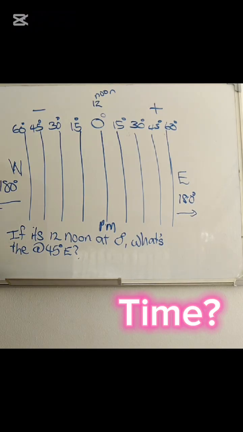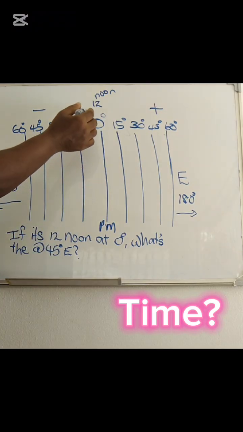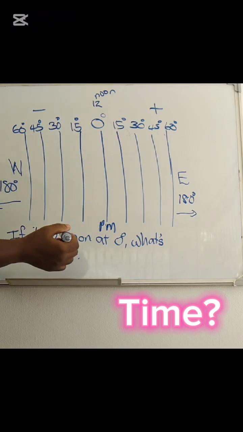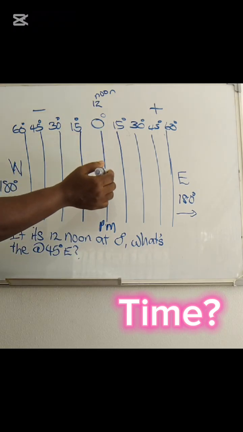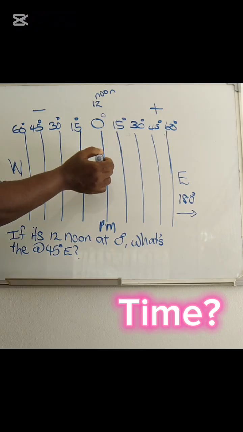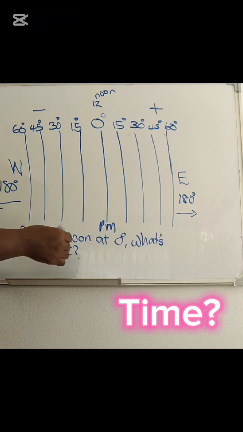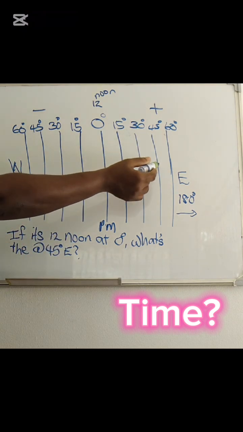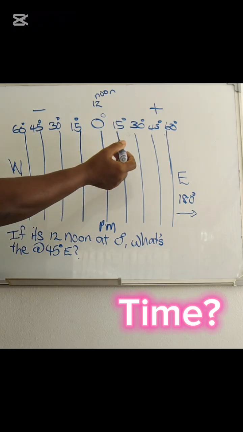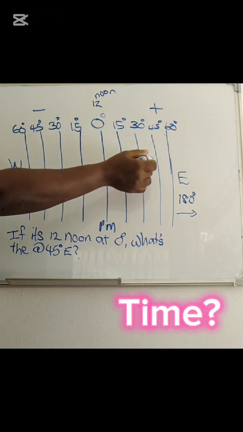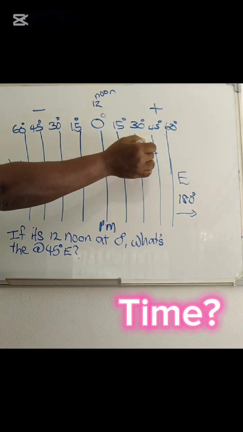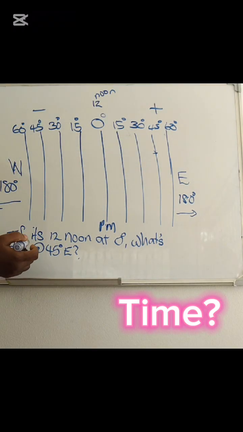It can actually be done two ways. 12 noon at Greenwich, right? We're going toward the east. So if there's a particular place here and it's 12 noon there, what time would it be at another place? If this is place A and place B here, what time would it be at 45 degrees east?